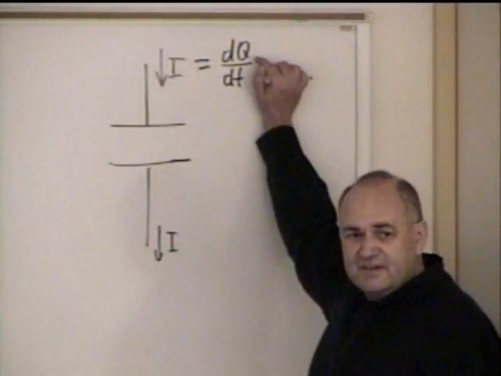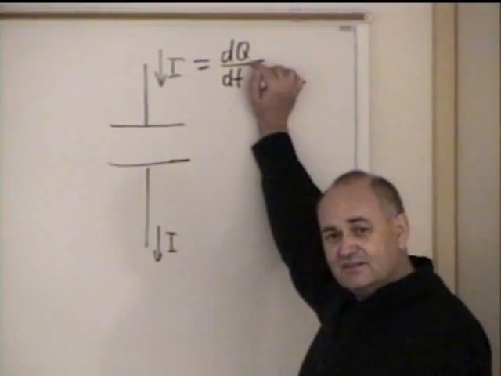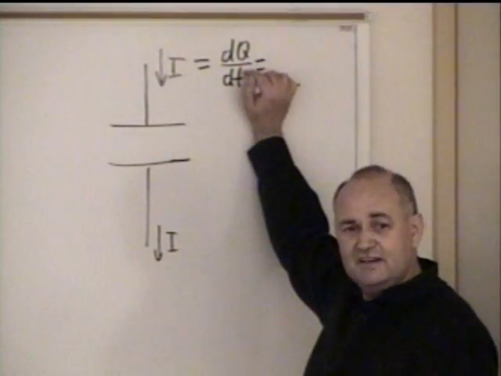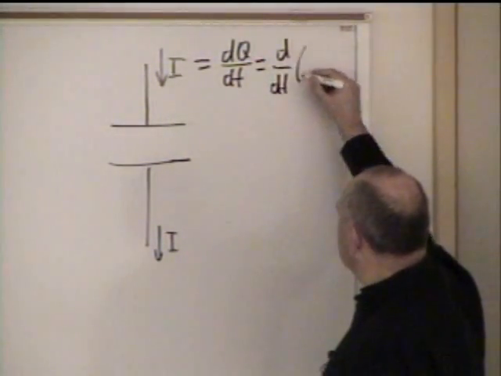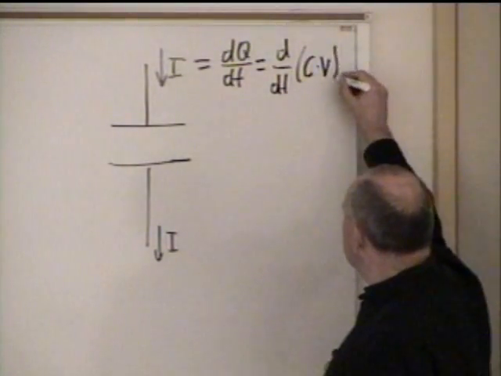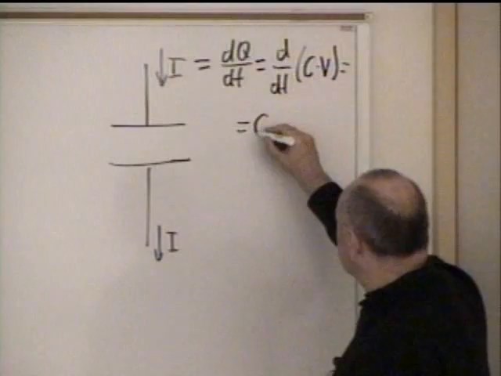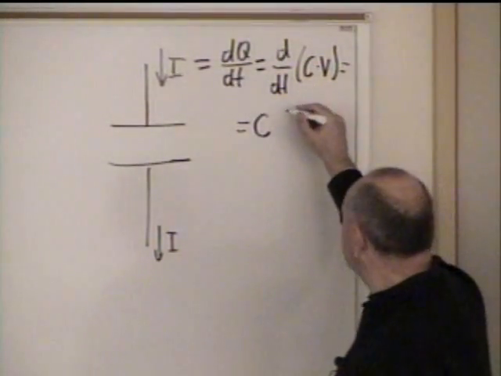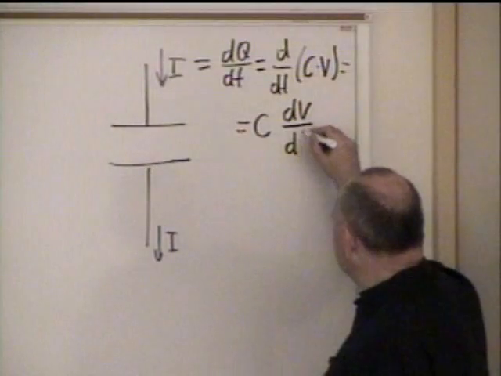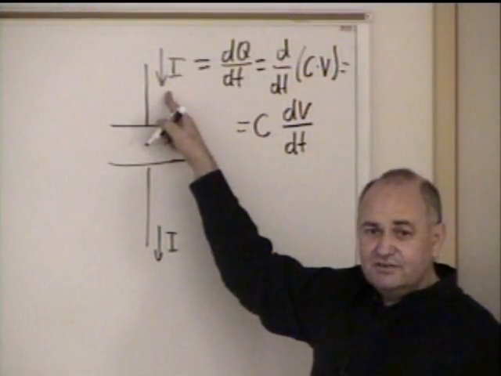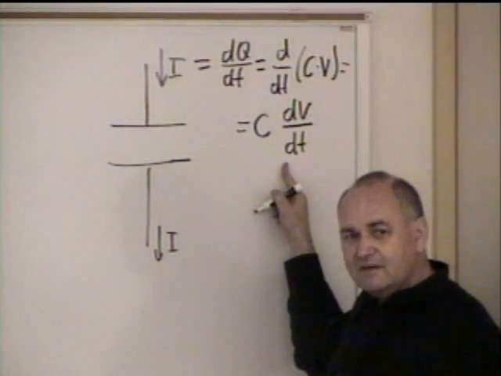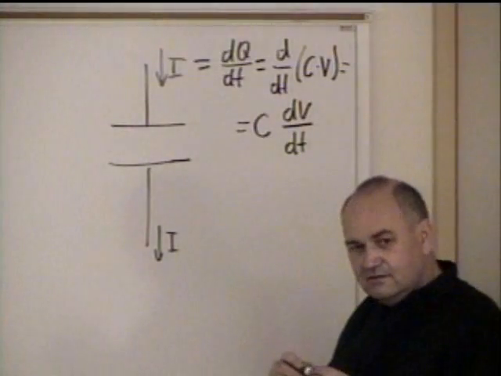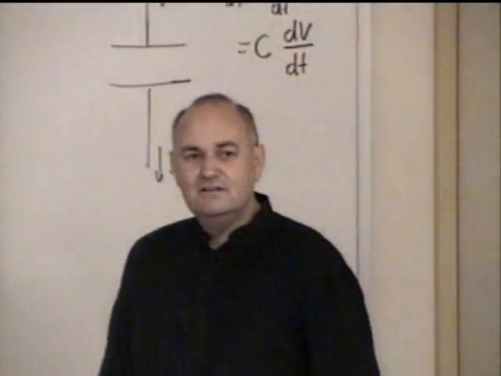Charge on the capacitor is equal to capacitance multiplied by the voltage across the capacitor, q equals C times V. So if I substitute, capacitance is a constant, and I will have that the current through the capacitor is proportional to the derivative of the voltage across the capacitor. Check that. Does it agree?